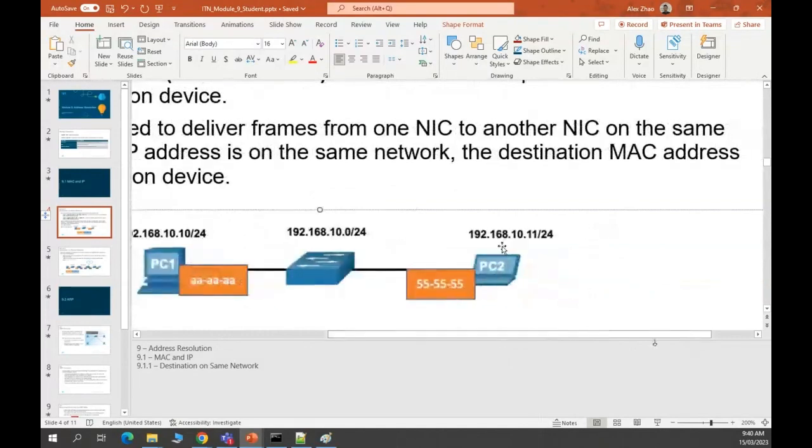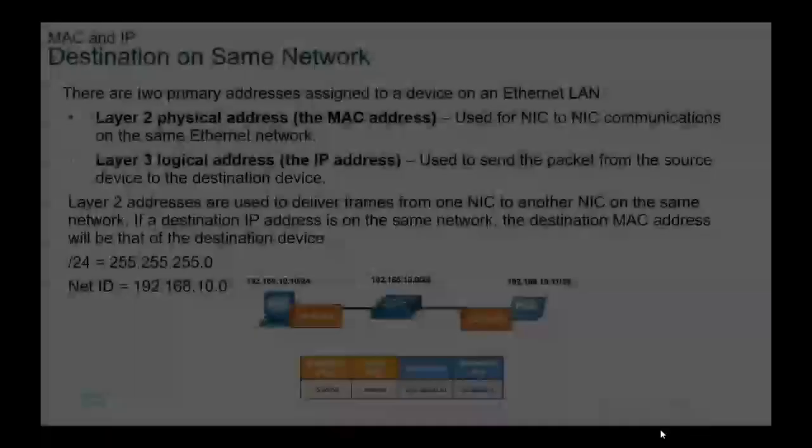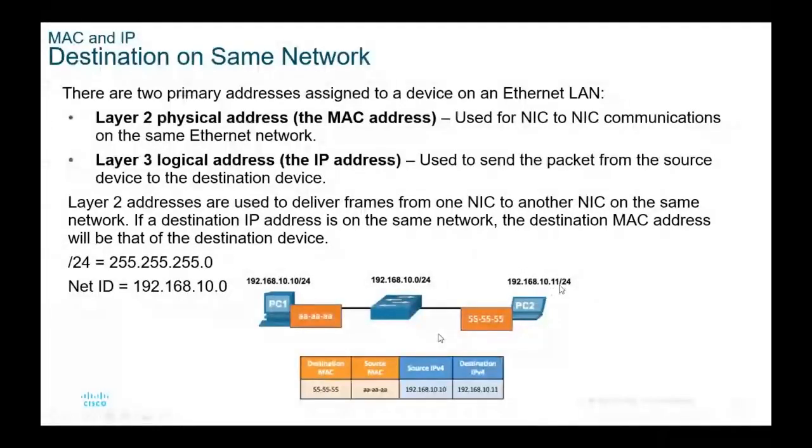Then it looks at, is that one the same? Okay, the network ID, is that network ID the same? And the answer is yes. So if that network ID is the same, it means I'm on the same local area network and this logical network.